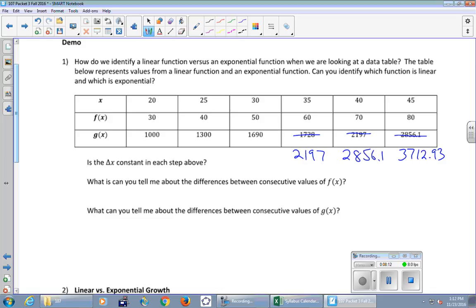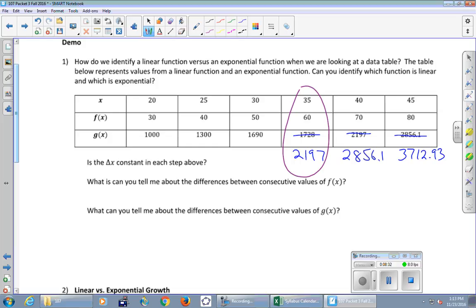Okay, so we've got some data in our table here. For example, if x is equal to 35, then f of x is 60, and g of x is 2,197. Okay, so we got x values and then outputs for 2 different functions, f and g.